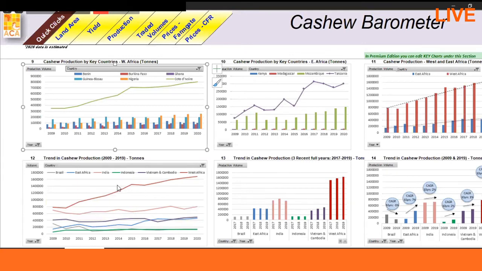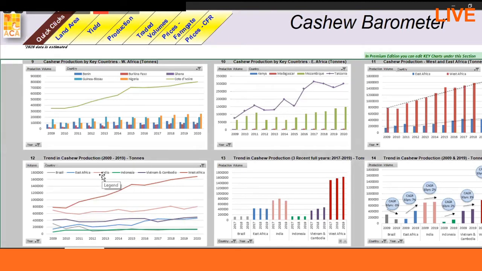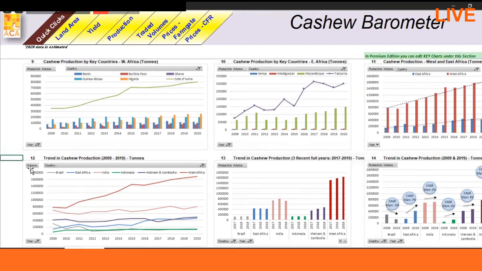Again, the next set is the production data, which gives us production by key countries in East and West Africa, and a comparison of both regions, as well as production from different regional blocks. So we're talking even Brazil. We also add in here India, Indonesia, Vietnam, and then compare with West and East Africa.